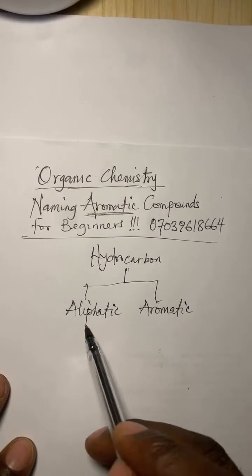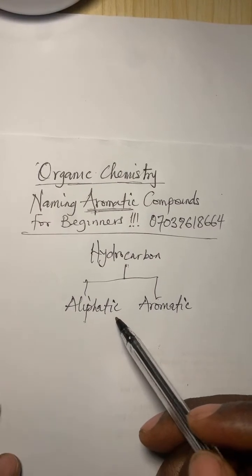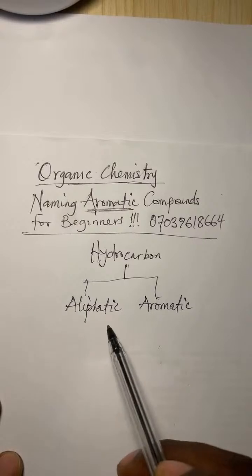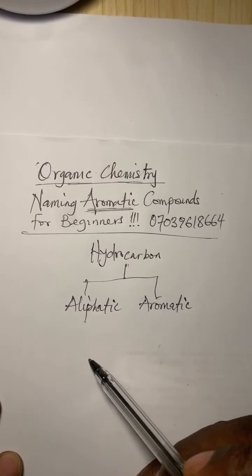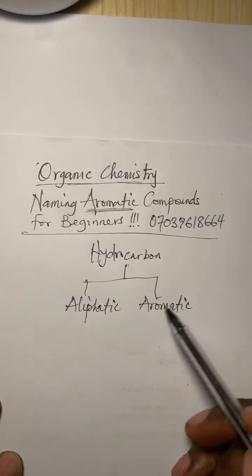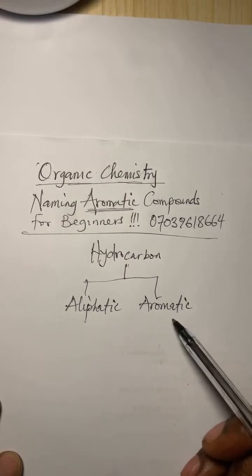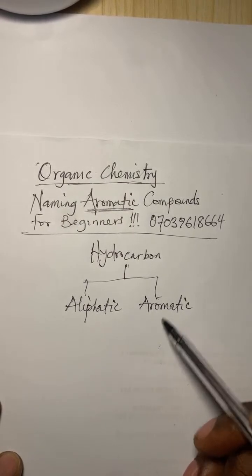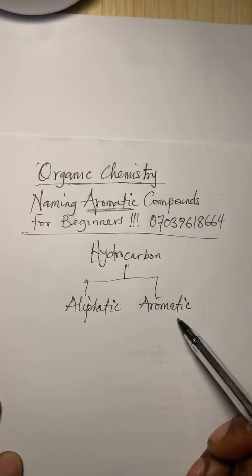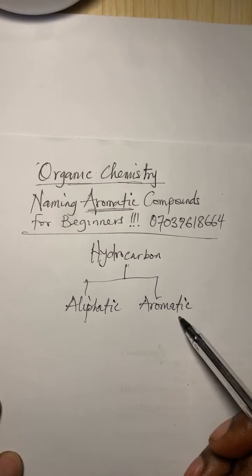The aliphatic is focused on straight chains and branch chains, whereas aroma means sweet smell. So whenever you're talking about aromatic compounds, you're basically talking about benzene. Anything that doesn't look like benzene is not aromatic.